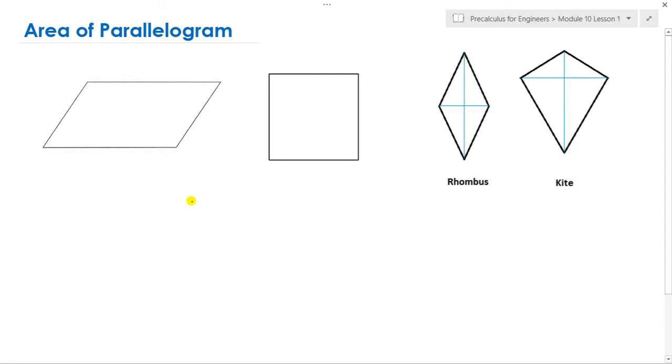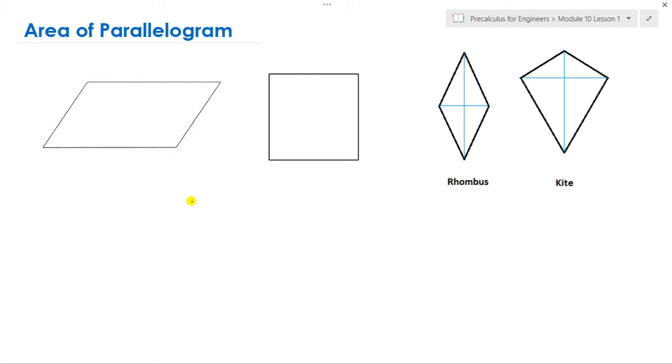So class, what are some examples of a parallelogram? Is a rectangle a parallelogram? Class, is a rectangle a parallelogram? Yes? No? Maybe?